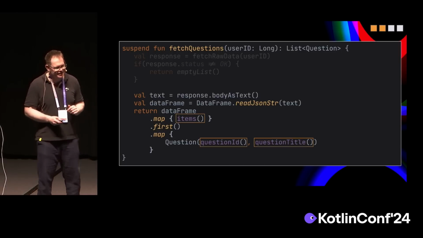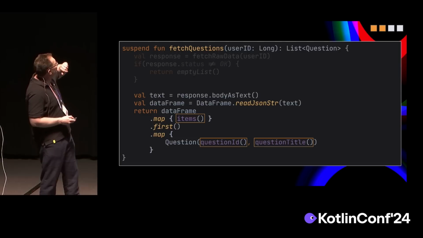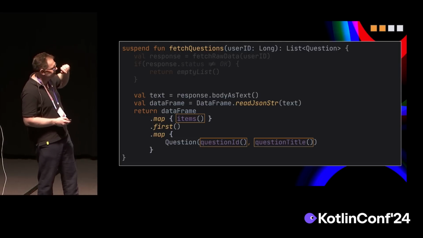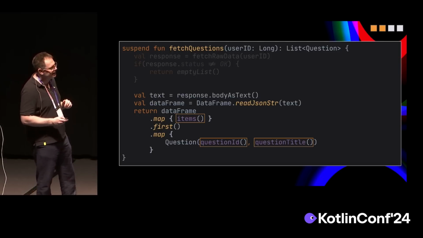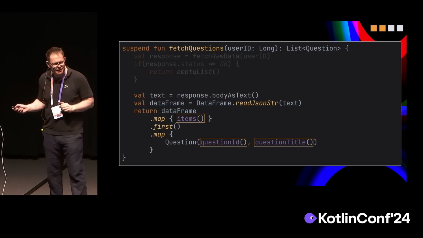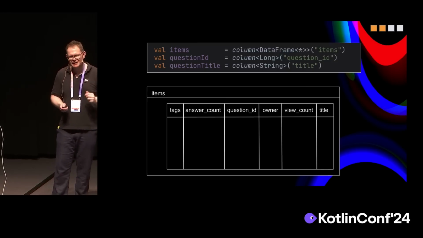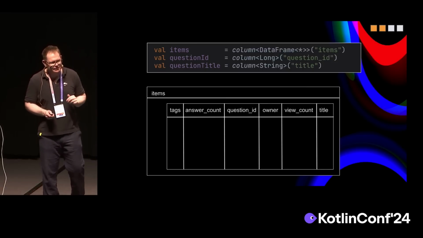So this is them here, okay? So if I say items, I'll get back all the items. There's only one, so I say first. And then for each thing inside items, well, I want the question ID and the question title. So how did I get these strongly typed accessor functions? Just like this.